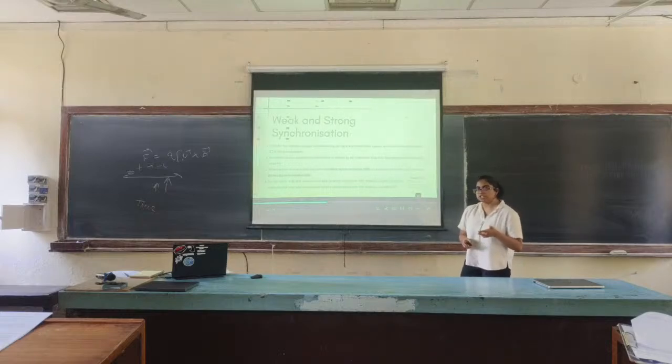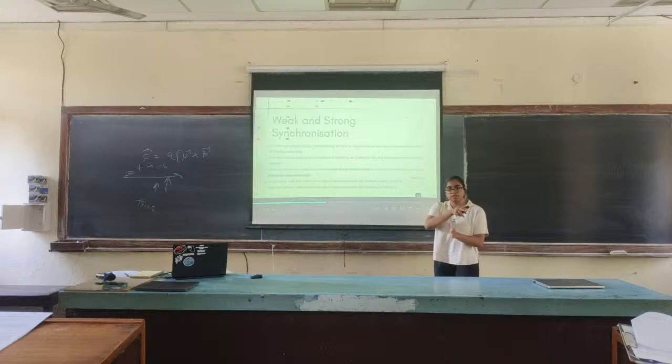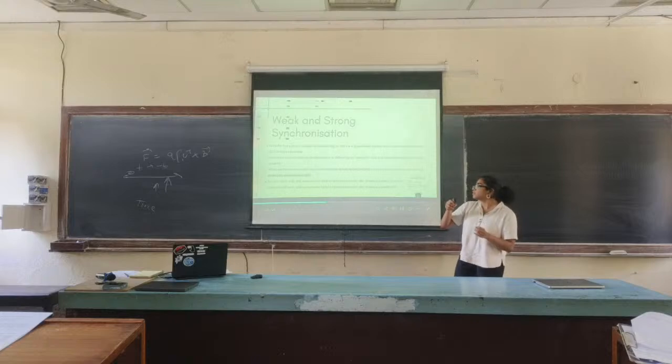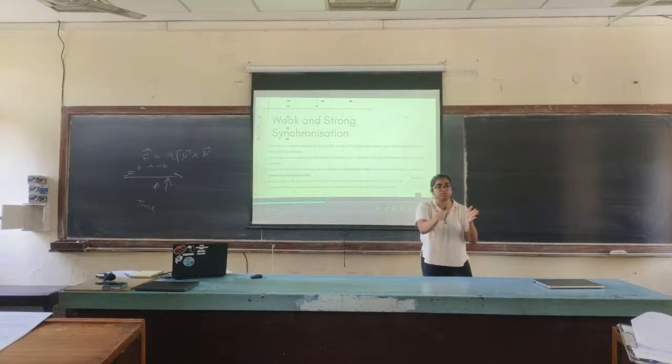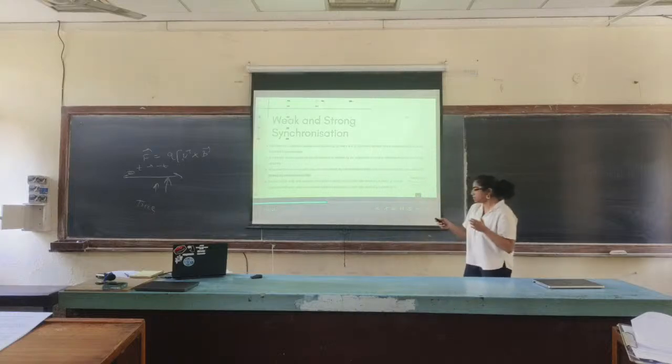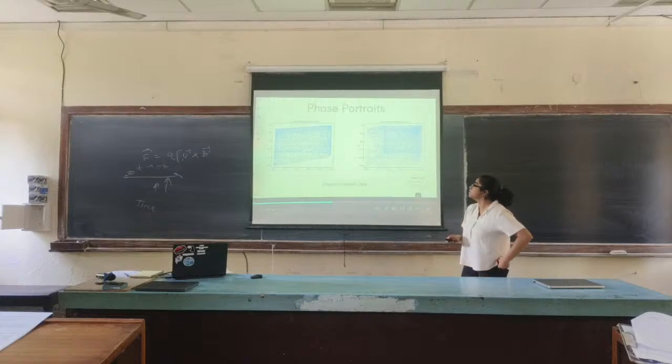Weak synchronization is marked by the synchronization between the slave system and the intermediate auxiliary response system, and strong synchronization is marked by the overall synchronization between the original master and slave system. So that's what we're going to study here.